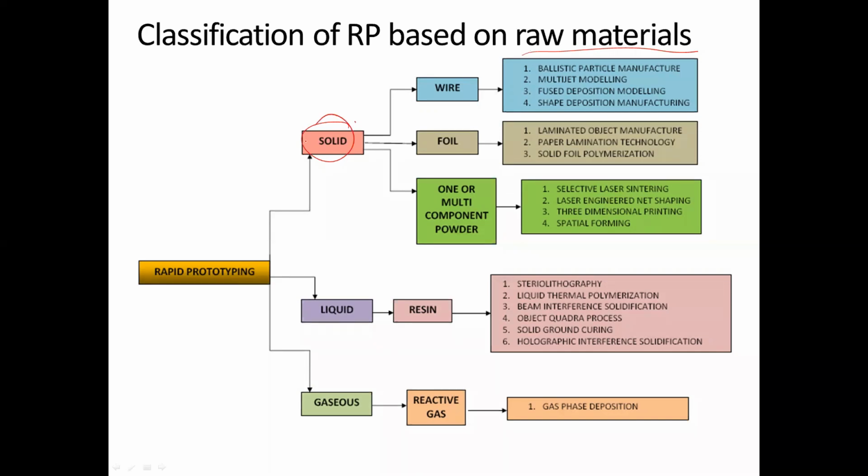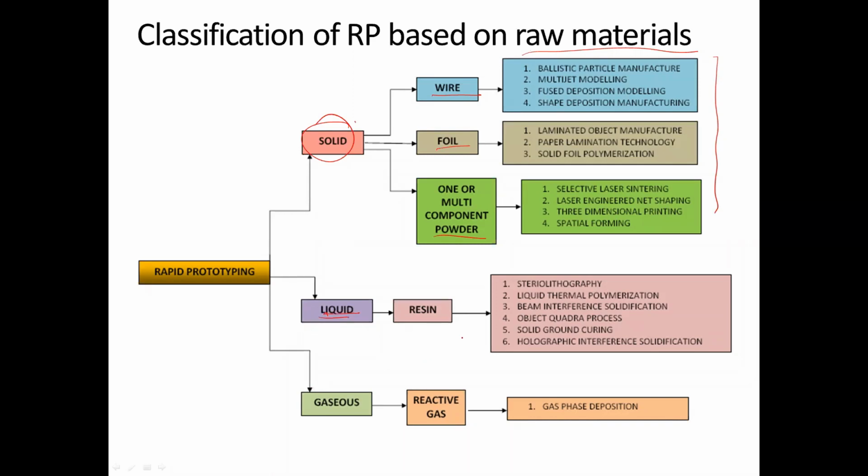Solid can be divided into three classifications, that is wire, where wire is used as an input material, foil, or powder. So these are the three broad areas, and these are the areas which are primarily being developed for additive manufacturing. The second classification is liquid.